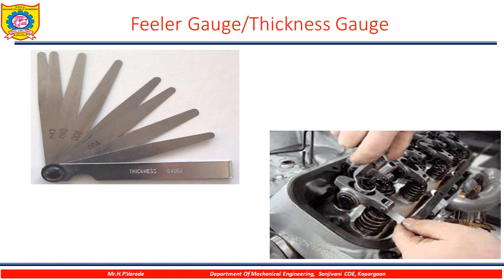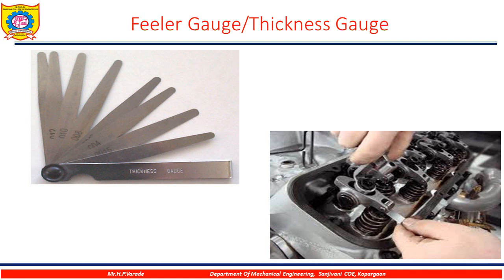Filler gauge or thickness gauge. Filler gauges are used to measure the gap or width between two parallel flat surfaces which are near to each other. It consists of a number of narrow sheet metal strips made of different thickness assembled together. Its working principle is totally dependent on the sense of feel sensed by the human being.